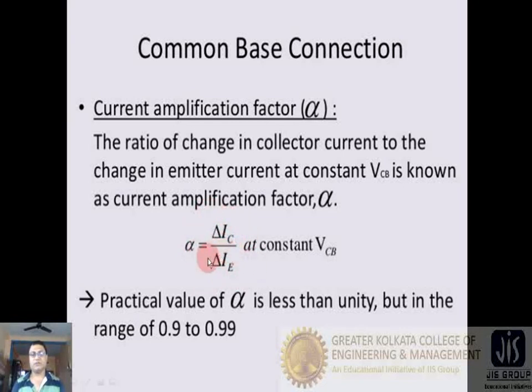The ratio of the output current by input current gives me the amplification factor. It is the alpha, and delta IC by delta IE is the amplification factor of a common base configuration. So in this way we can find out how the amplification factor can be calculated.